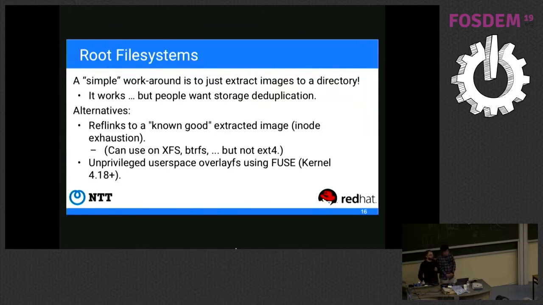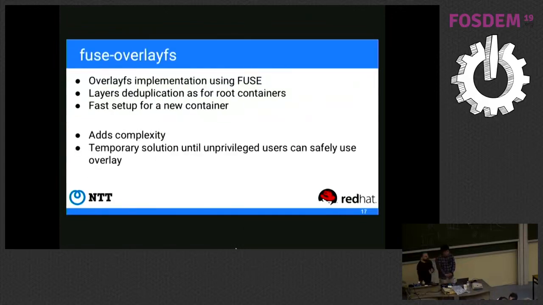A nice feature that was added to Linux 4.18 is that it's possible to use a FUSE file system in a user namespace. So we implemented basically overlay in user space. It's fuse-overlayfs, a FUSE implementation of overlay. It brings in all the advantages of using overlay, so we have the same deduplication model based on layers.